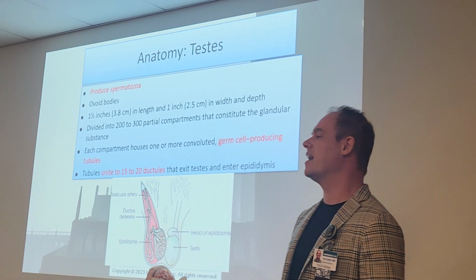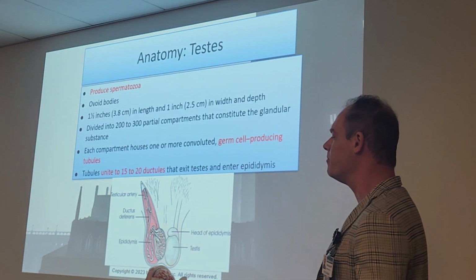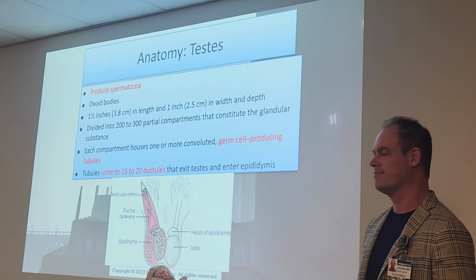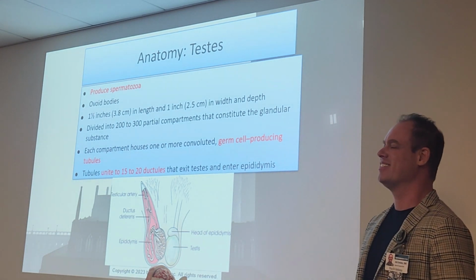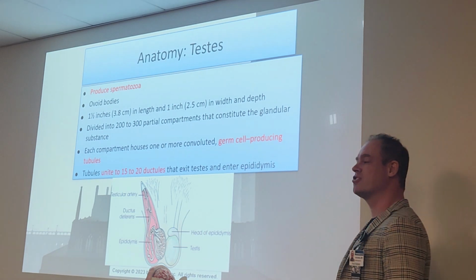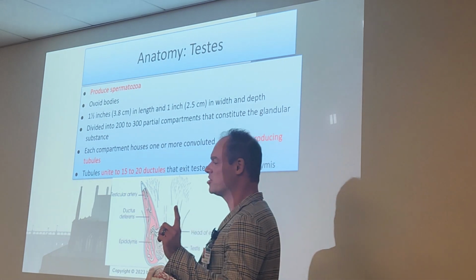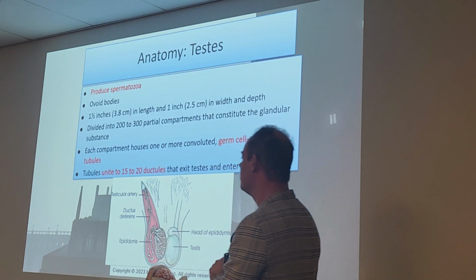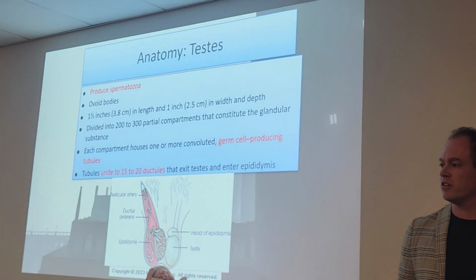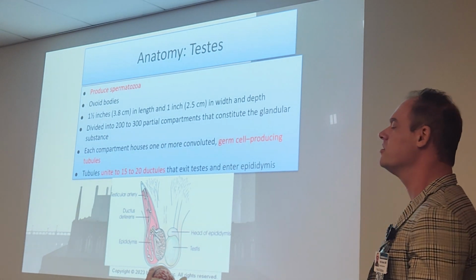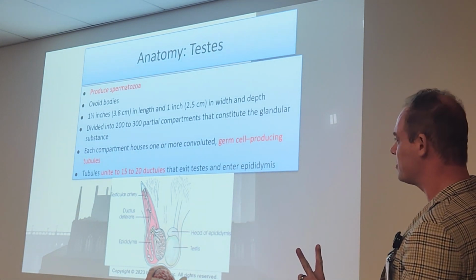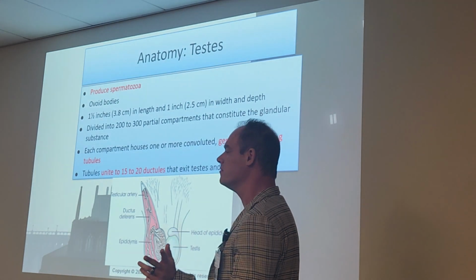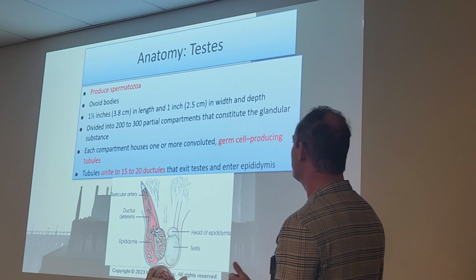All right, so the testes or testicles, they go by both names. The testes produce spermatozoa. What's a spermatozoa? A sperm cell, a single sperm cell. Of course, there are millions of sperm produced by the testicles. They are dual ovoid bodies. A man can survive with just one, by the way, and still have kids, but most men have two, unless they've had one removed.